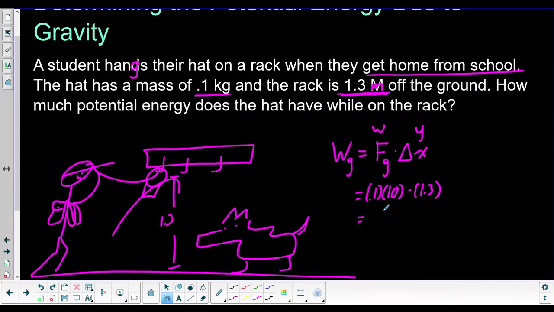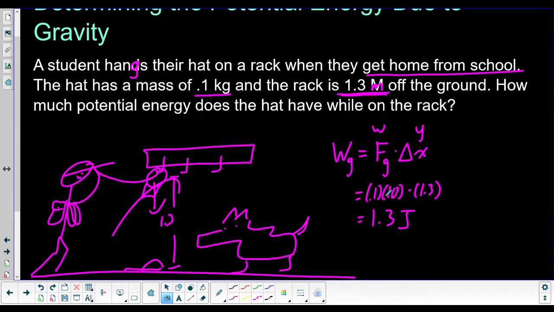So the work done by gravity when this hat falls and then it's on the ground is 1.3 joules of work. It would be positive because the direction that gravity is applying and the direction that the hat is moving are the same direction. So it's going to do 1.3 joules of work on the hat when it falls.